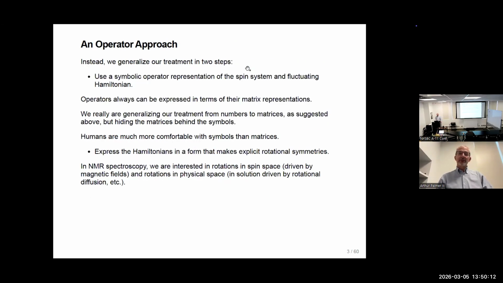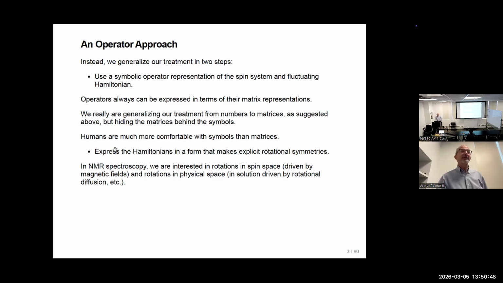Plus, of course, the matrices would quickly get very big when we go to 2 spins. The operators are 4x4 matrices. And then if we talk about the interactions between the different elements, we very quickly get to very, very large matrices, whereas the symbols stay compact. So we're going to use operators and hide the matrices.